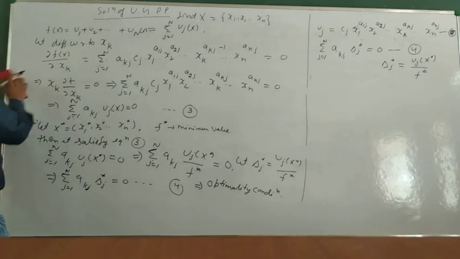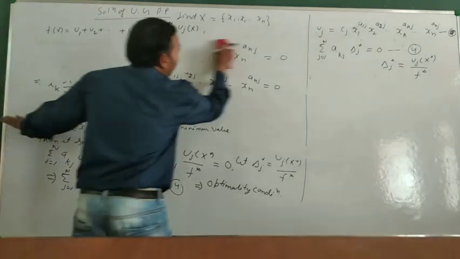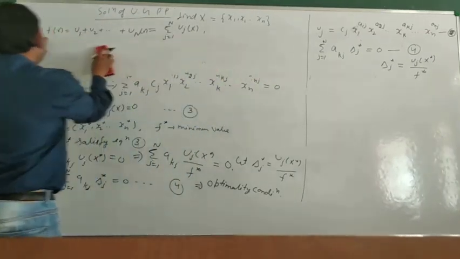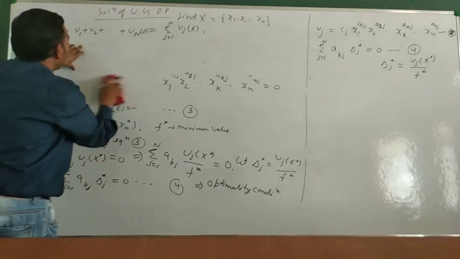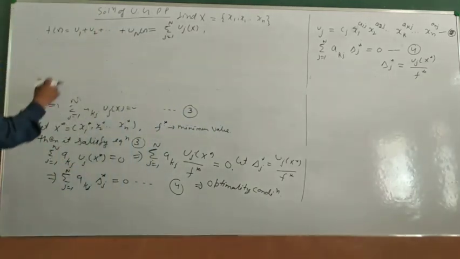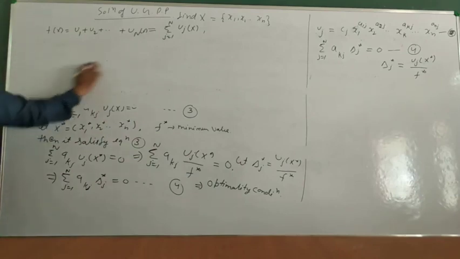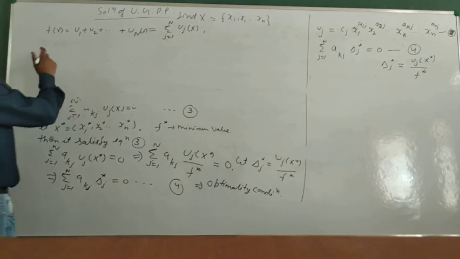Now, as given, the objective function f x star is equal to u1 plus u2 up to un, and as we know, f star is the optimizing value of the objective function.